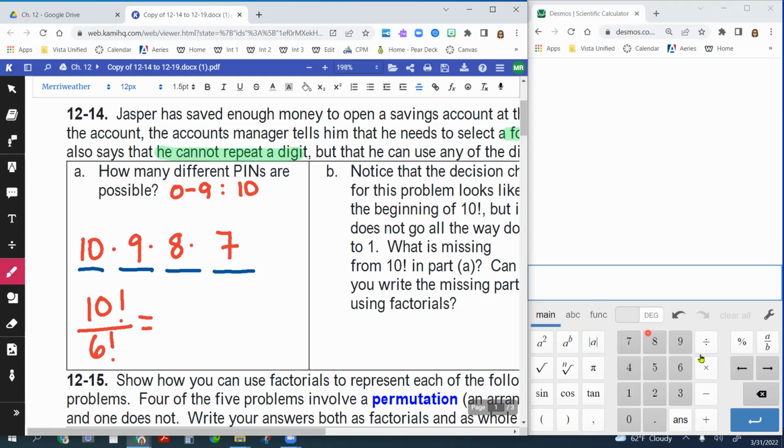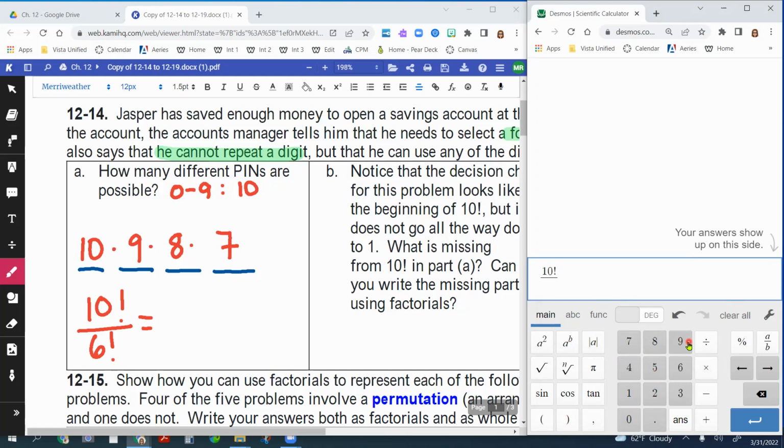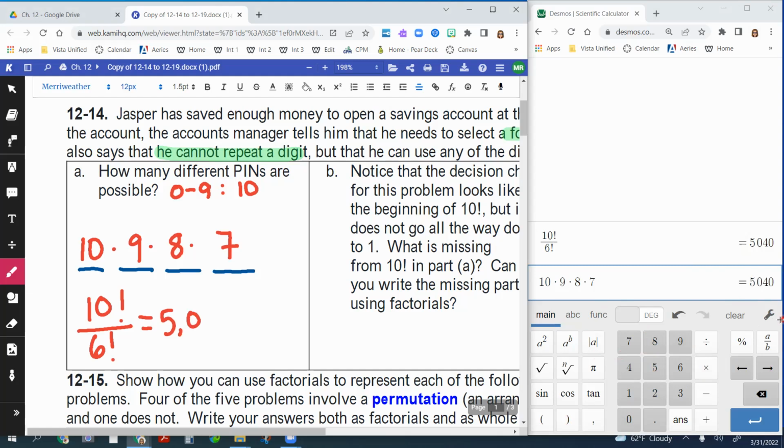So 10 factorial divided by 6 factorial. And if I take 10 times 9 times 8 times 7, you see I get the same answer, 5,040. So there are 5,040 different PIN numbers.